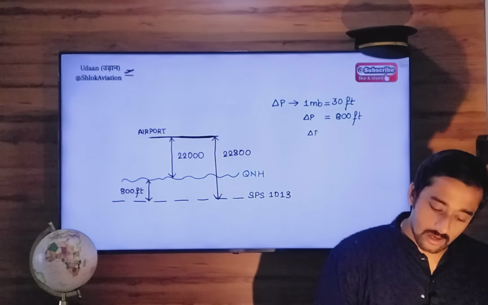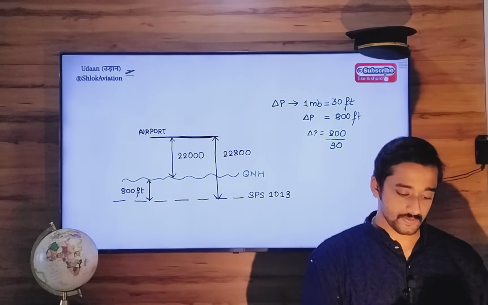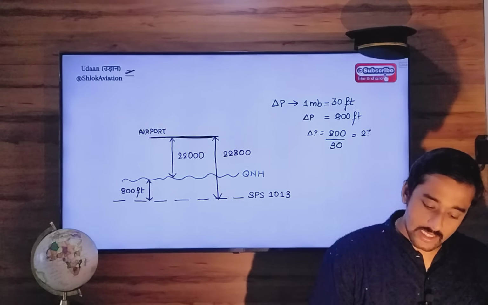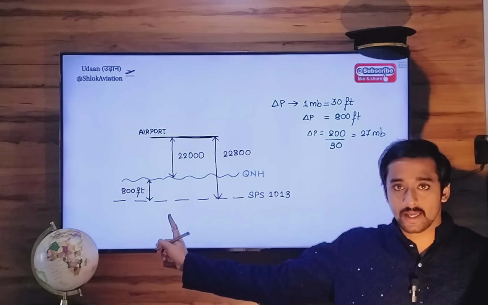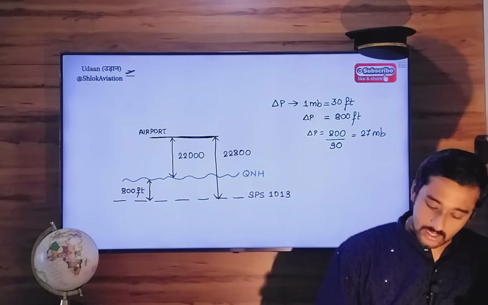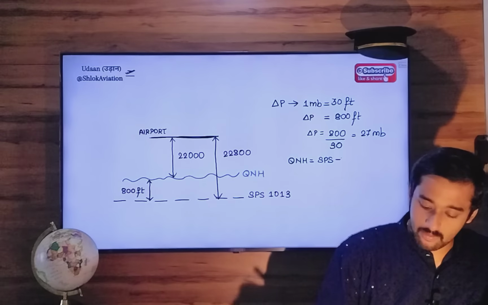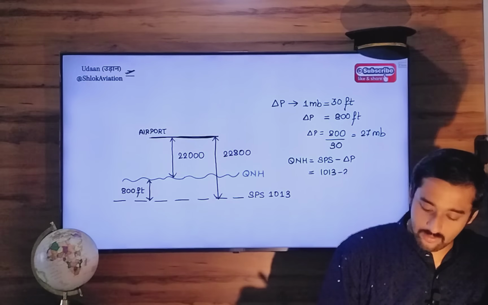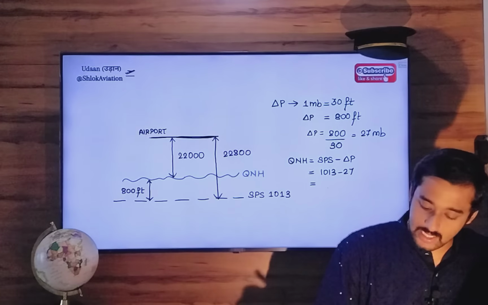Cross multiply, that will be 800 divided by 30, which is 26.6, approximately 27 millibar. So we all know that this is the standard pressure setting 1013 line. So the QNH will be less than 1013 by what value? QNH will be standard pressure setting 1013 minus pressure difference. So 1013 minus 27 is 986.